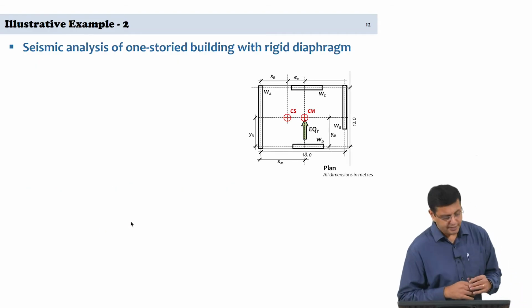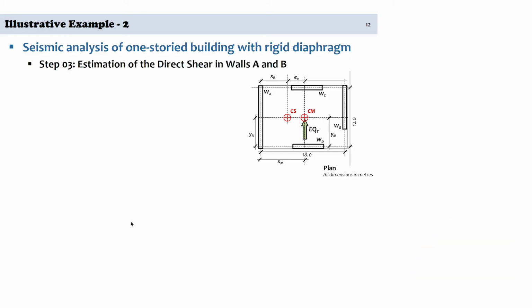So, step 2, we have estimated the polar moment of inertia, and therefore, we are in the right direction to be able to estimate the torsional moment.